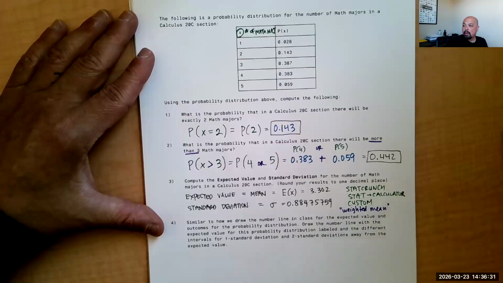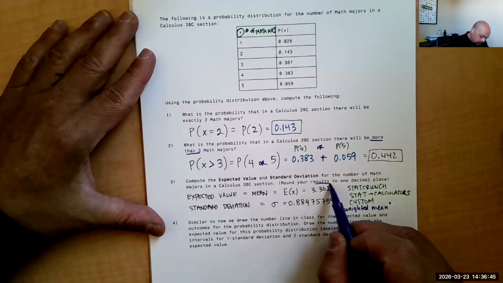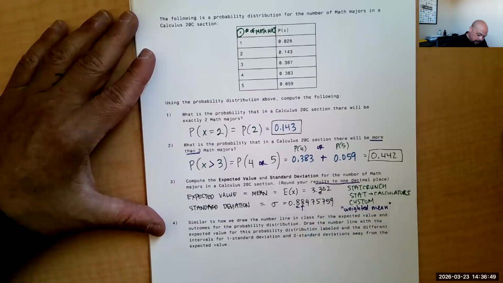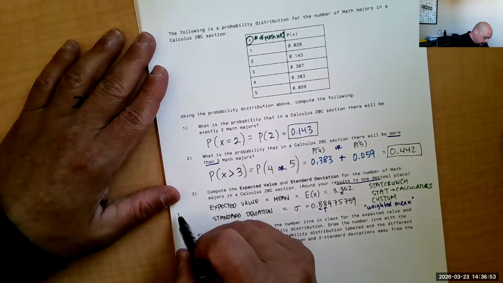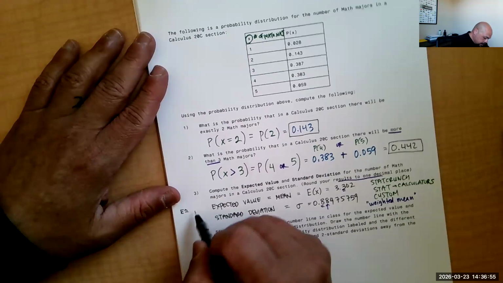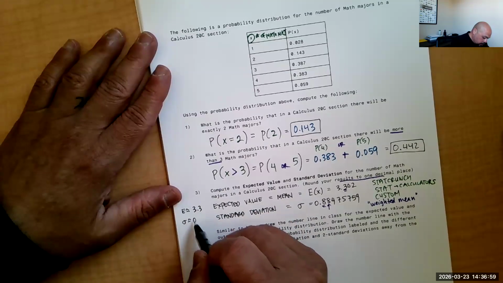And then down to the custom, pardon me, there we go. And we'll see those results. The mean, standard deviation. And in this case, if I want to round my results to one decimal place, that means that our expected value, I'm going to sneak over here, 3.3, our standard deviation, 0.9.